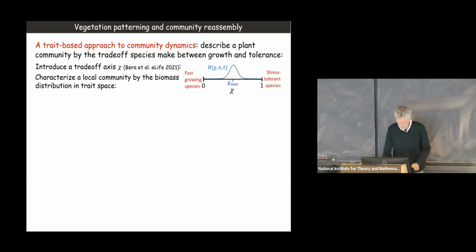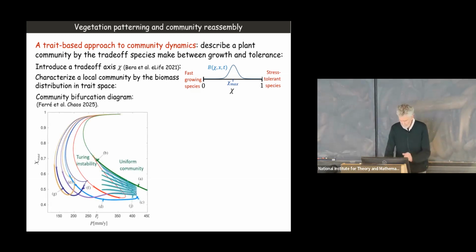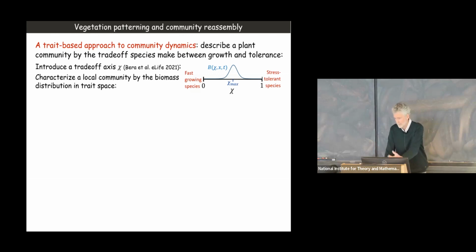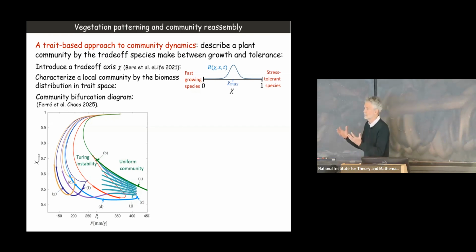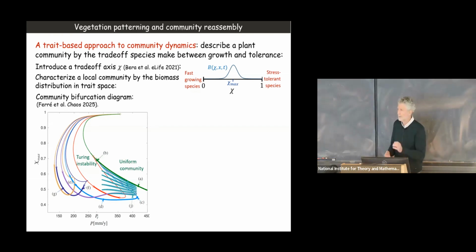As you can see here, this is the local community. It may depend also on physical space. And this is a bifurcation diagram of community states. The vertical axis is chi max, the peak of this biomass distribution, representing the composition of the community.